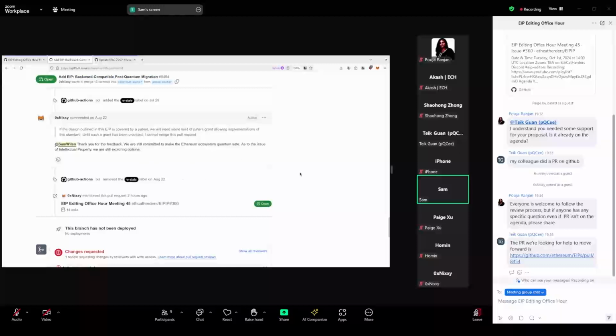As soon as we merge this pull request, it will appear on the EIPs website. So that's kind of like an endorsement from the EIP editors that it's starting the process and that it's good to go. And I'm just not comfortable giving that kind of approval without some assurance that people who implement the standard aren't going to get sued for patent infringement.